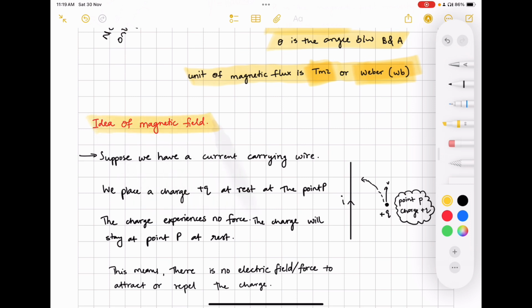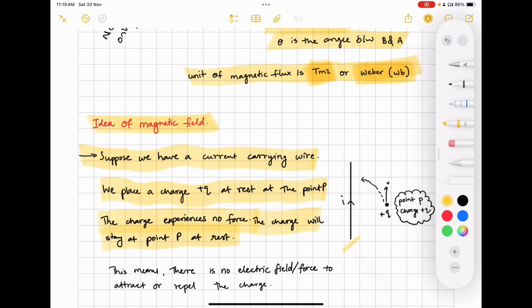Idea of magnetic field. Suppose we have a current carrying wire with a current I and we place a point charge plus Q at rest at the point P. The charge experiences no force and will stay at rest.